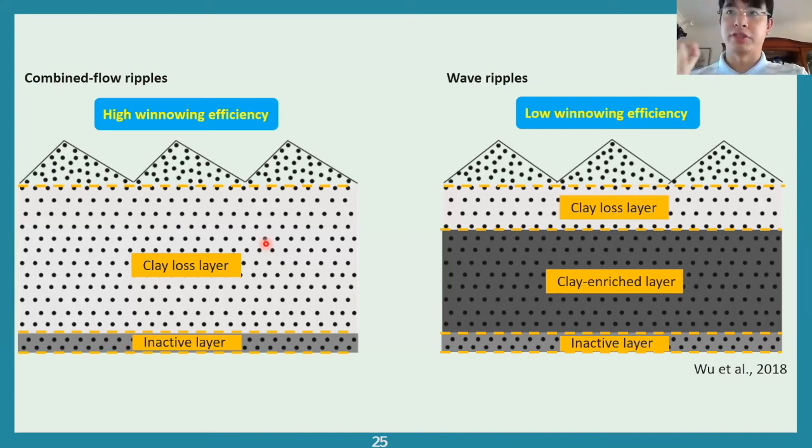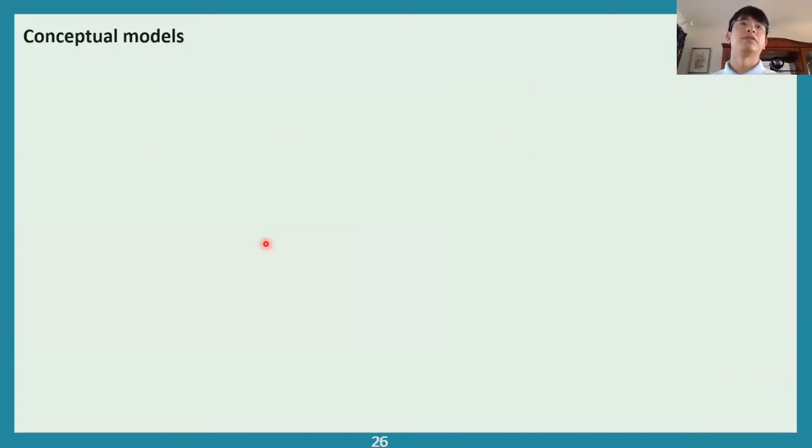So our experiment demonstrated two distinct equilibrium ripple sizes, which depend on the initial clay content. In the present hydrodynamic conditions, the threshold clay content was around 11%. And actually, these threshold values could change with different hydrodynamic conditions.